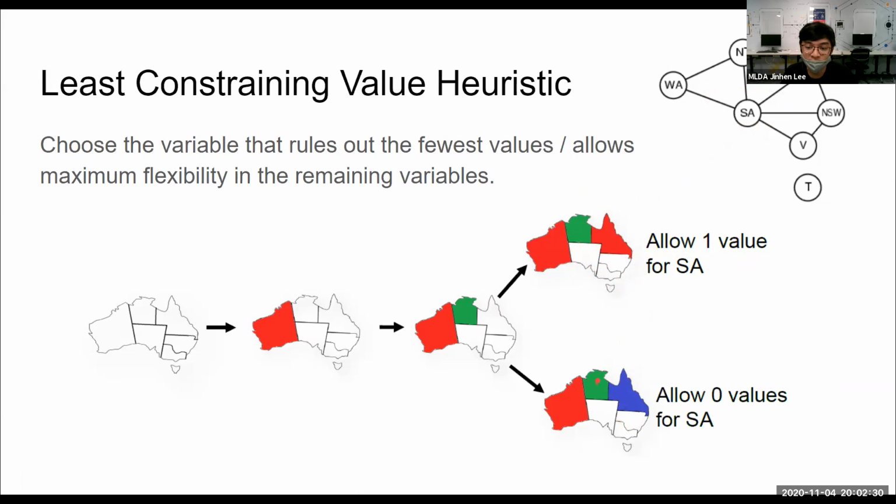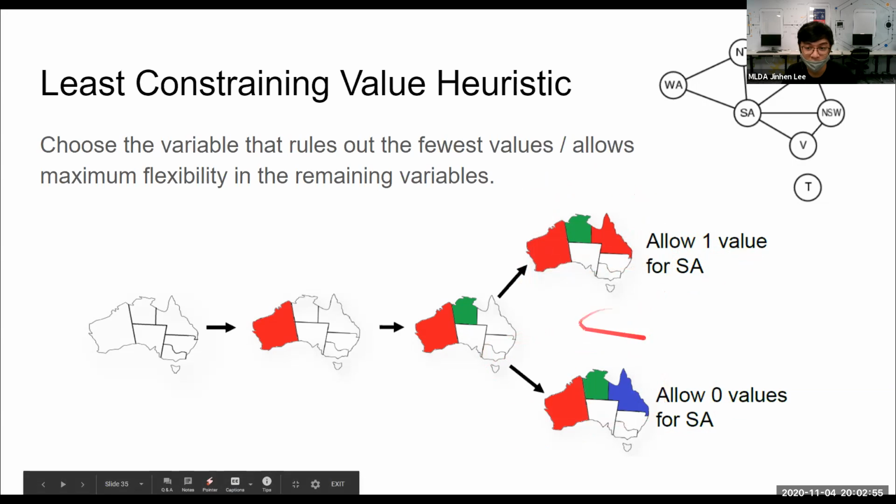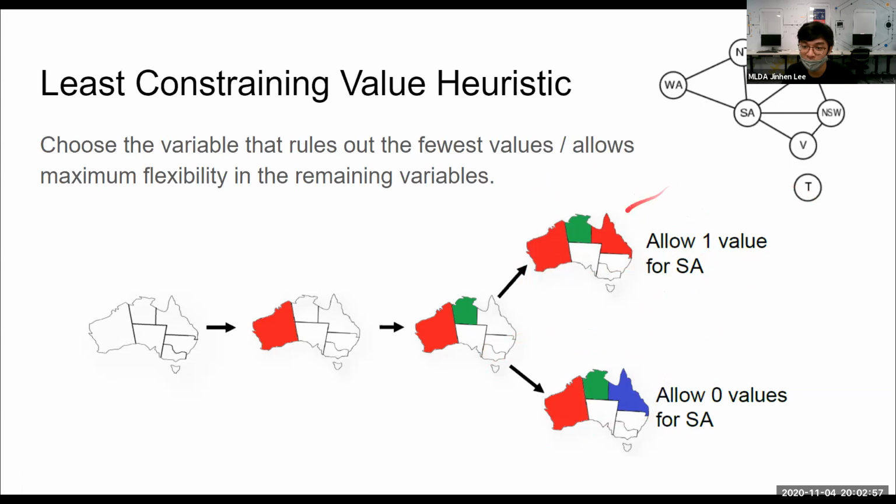However, if we fill in blue in the first place, we realize that we already used up all 3 colors and there's nothing left for us to fill here. So there's 0 flexibility for South Australia. Of course, we want to make sure we color the whole map. So in this case, we pick the maximum flexibility one. So we select this one and color it red instead of blue. Okay, and this can be carried on further to solve the whole map.